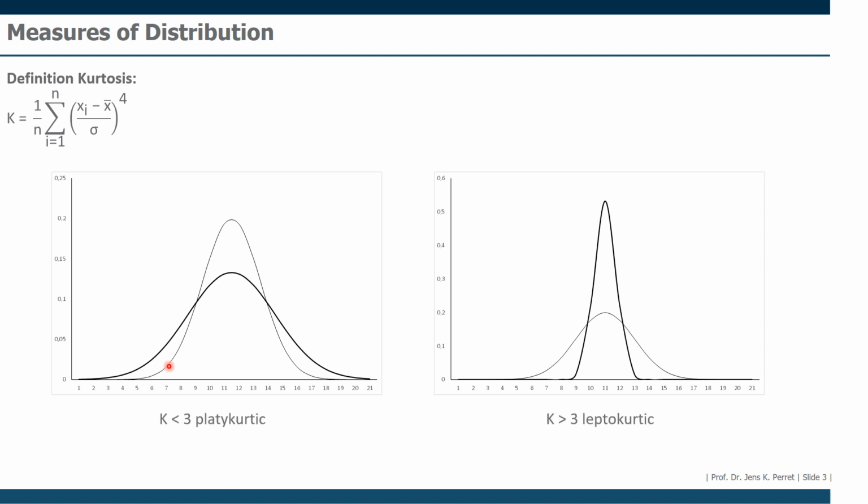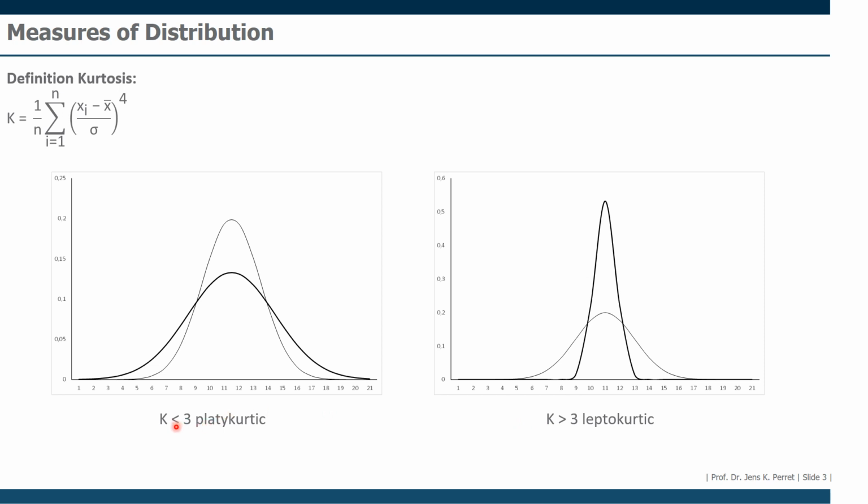The left case we are also calling platykurtic. That's the case if the kurtosis is smaller than 3. And the right case, where we have a relatively steep distribution, values being much closer to the mean, we call leptokurtic. Here the kurtosis is larger than 3.